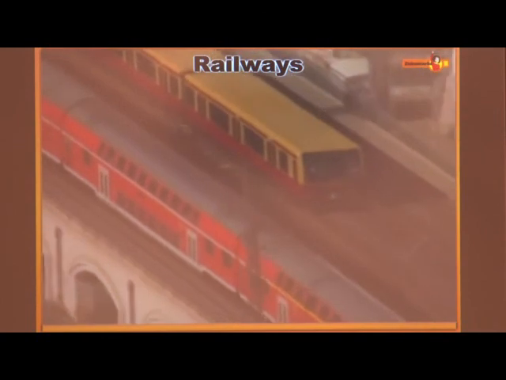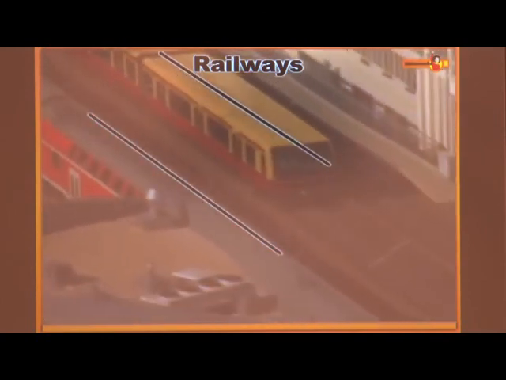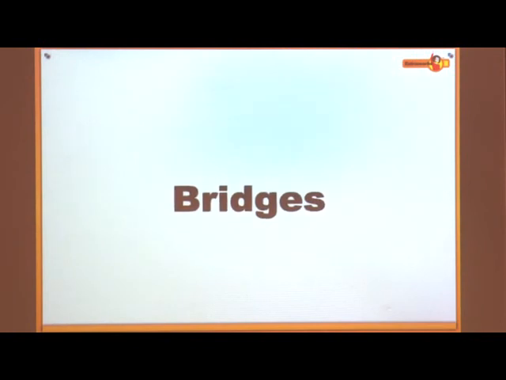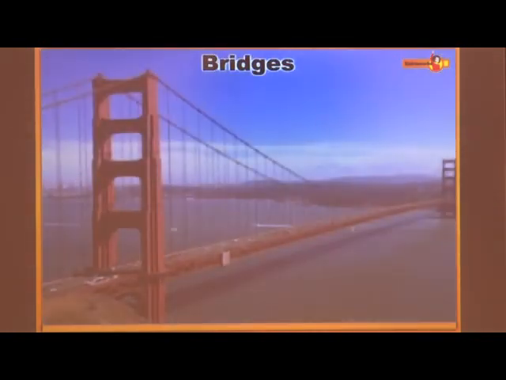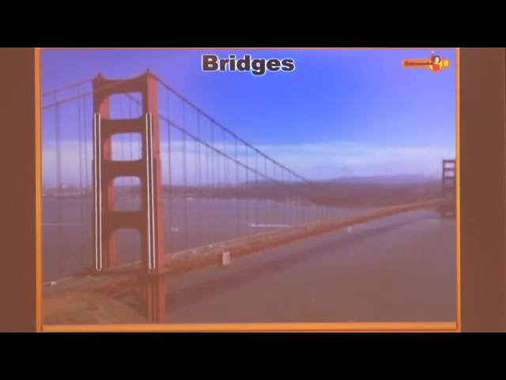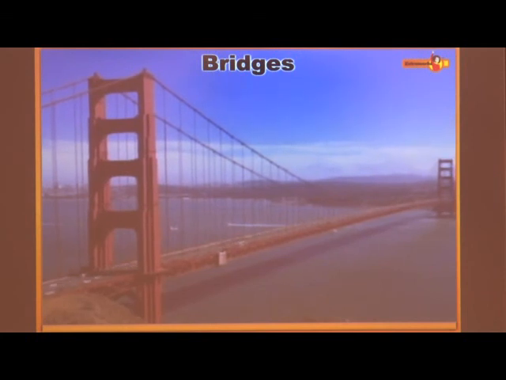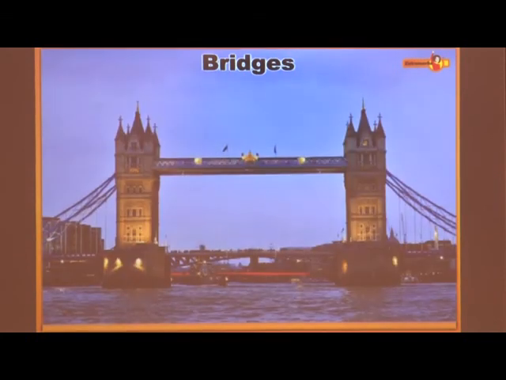Here, two trains are running on parallel tracks. Bridges. Here, we can observe the parallel lines on the bridge. On the London Bridge also, two parallel lines can be observed.